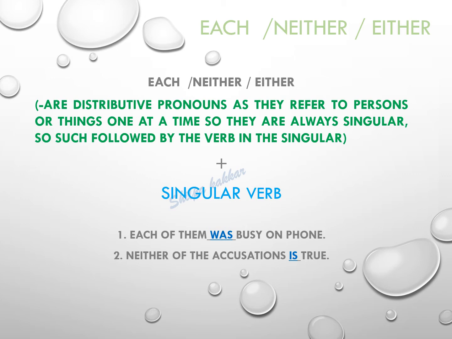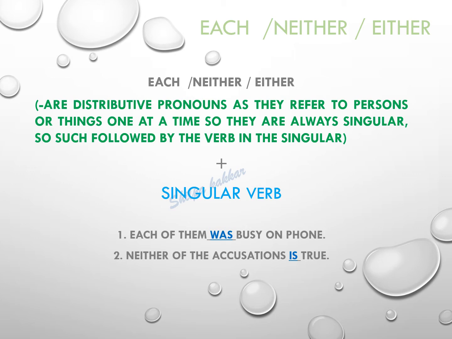Each of them was busy on phone. Here we are talking about too many persons, but all of them were busy. So here we have taken each, and each has the helping verb was. Let us see another example. Neither of the accusations is true.